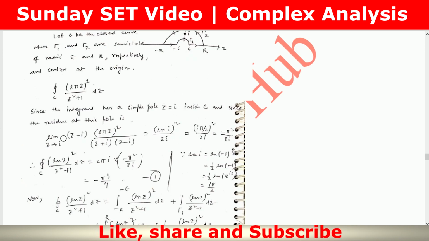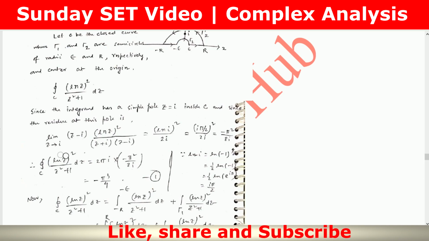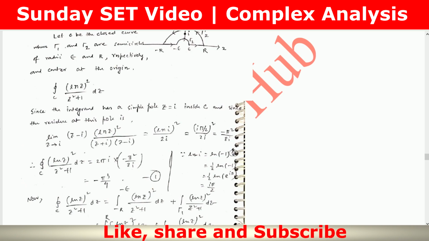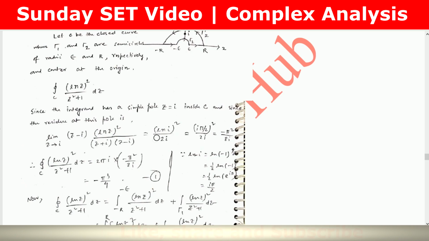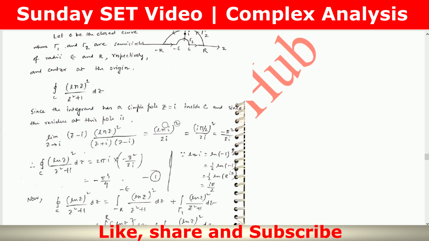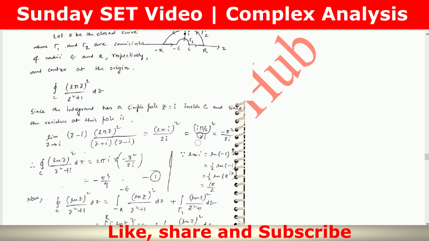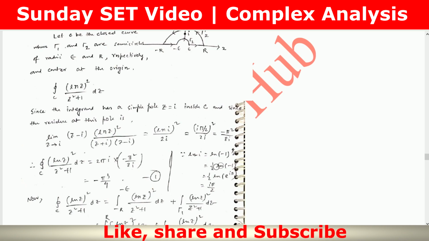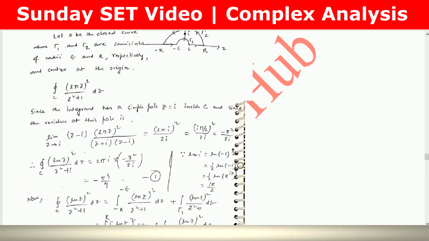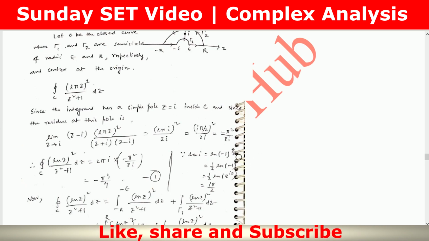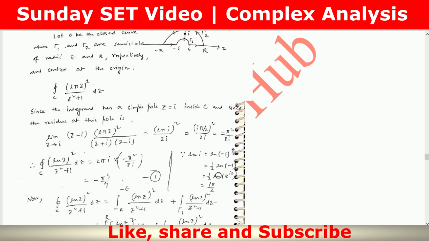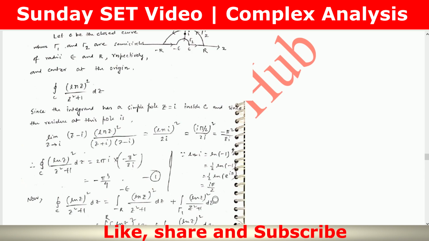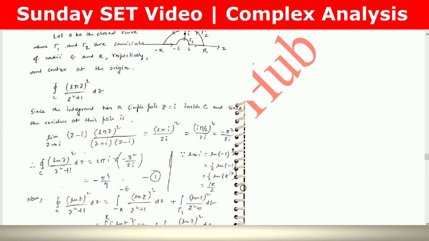And the residue at z equals i is minus pi square by 8i. Now you may ask, why should I write ln i to be equal to i pi by 2? Here i equals root over minus 1, so ln of minus 1 to the power half, and half is coming here, and minus 1 can be written as e to the power i pi, so i pi by 2.